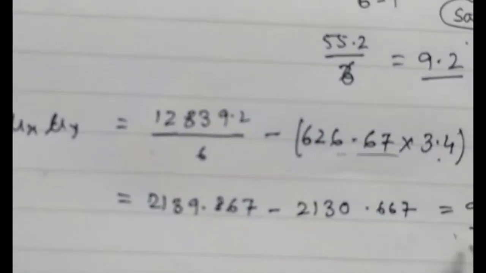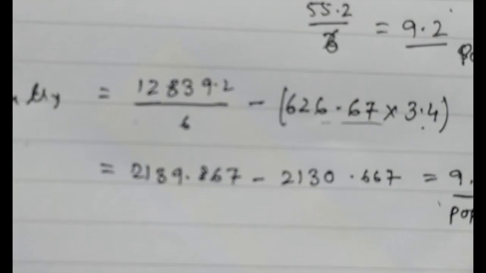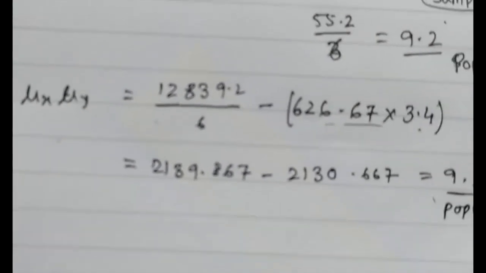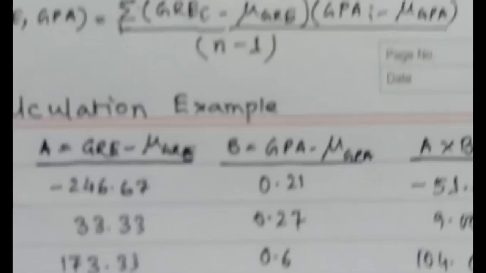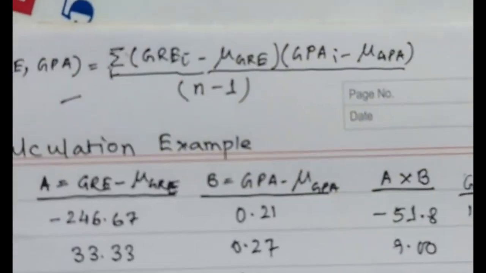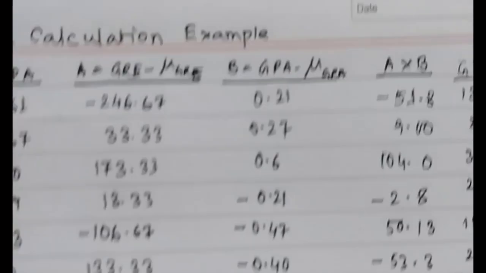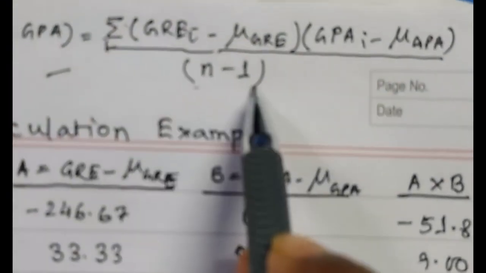So that will be for population. So whether you compute using this formula or that formula, you will end up getting the same result for population, but for sample you have to divide by n minus 1.